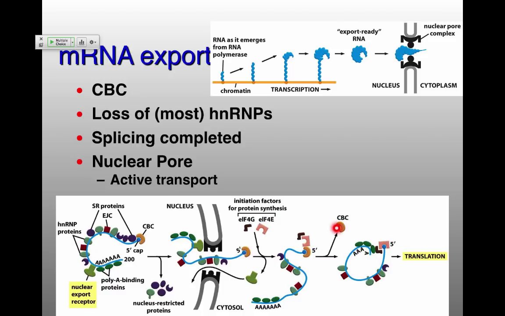We'll talk about translation, but one of the main things as far as translation is the removal of this cap binding complex and the incorporation of the translation initiation proteins. Then these proteins, the cap binding complex and this nuclear exporter, once it's not bound to the RNA, goes back into the nucleus, finds another messenger RNA, and those get exported back out.